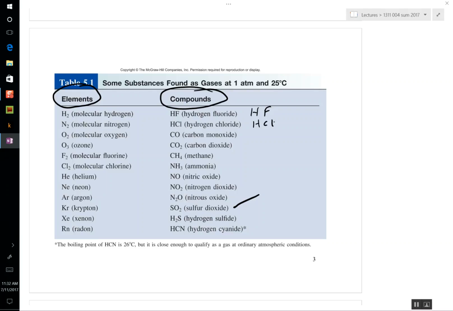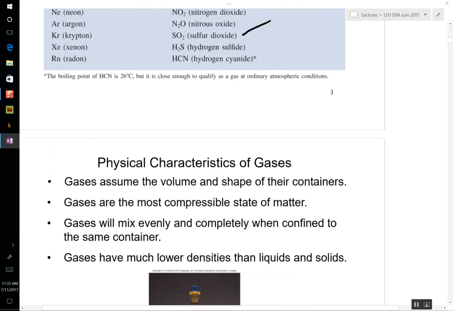Those cylinders will be dry, because if they're not dry, the HCl will dissolve in the water, produce hydrochloric acid, and start eating holes in the cylinder. So it has to be anhydrous. But you could buy a cylinder of HCl gas. If you bubble it into water, none of the bubbles will come out until you completely saturate that water, because the HCl will dissolve in the water and form hydrochloric acid. So you're familiar with hydrochloric acid, but HCl all by itself is actually gas.